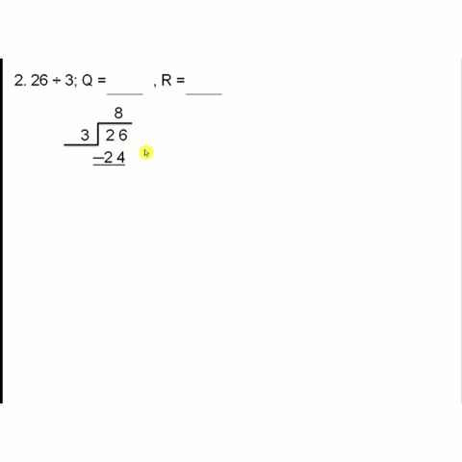Thus we will write 8 at the top, which is the place for quotient, and 24 comes below. Next we will subtract 24 from 26. We get remainder 2, which is our remainder. So 8 is the quotient and 2 is the remainder.